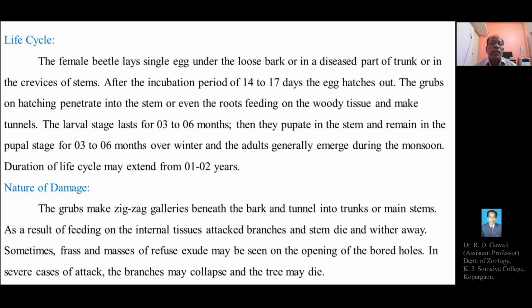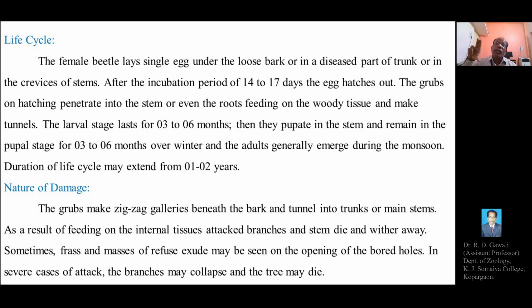The larval stage lasts for 3 to 6 months, then they pupate in the stem and remain in the pupal stage for about the next 3 to 6 months over winter, and adults generally emerge during the monsoon. Adults generally come out of the stem of the mango during the monsoon, and the duration of the life cycle may extend from 1 to 2 years.